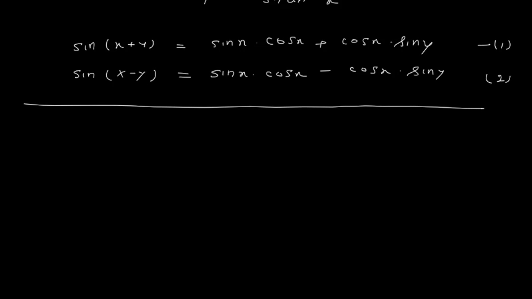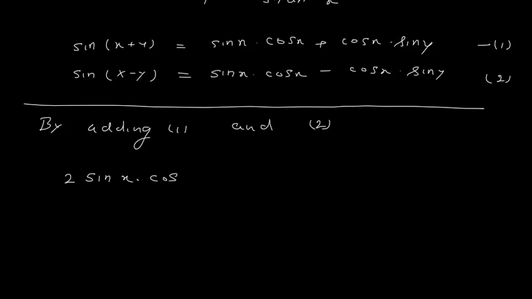When we add 1 and 2, this part cancels and this part gets added two times.